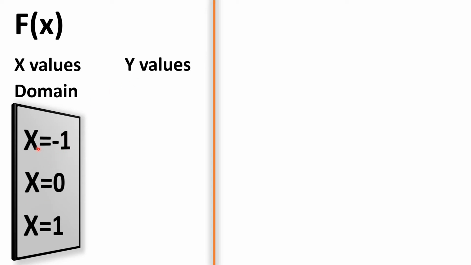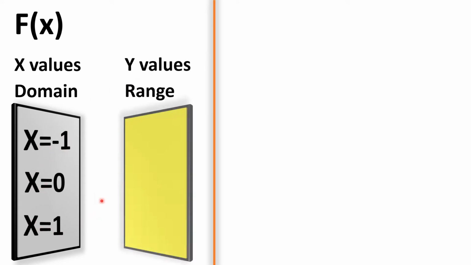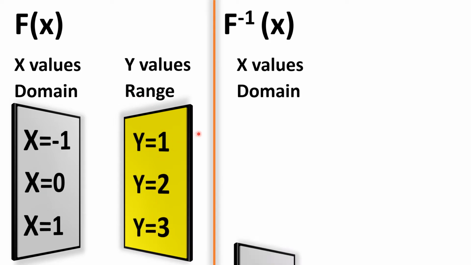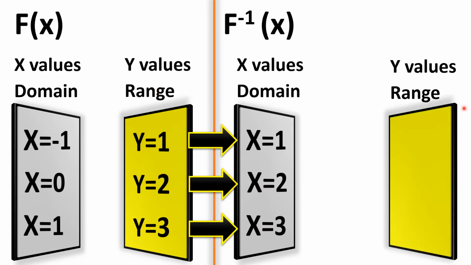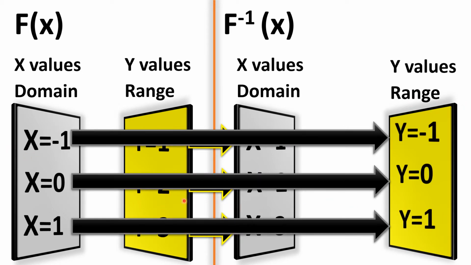Let's say we have x equal negative 1, x equal 0, x equal 1, y equal 1, y equal 2, y equal 3. This is the domain. The range became the domain, and the domain became the range.